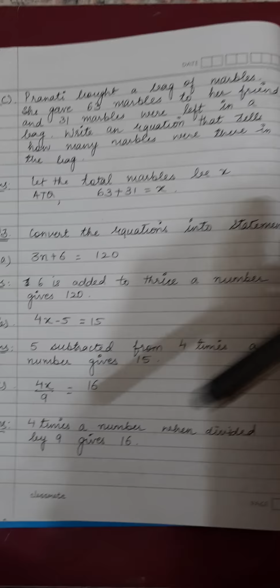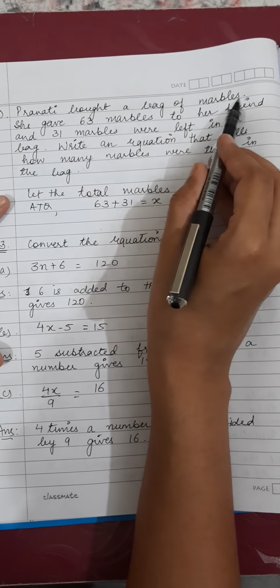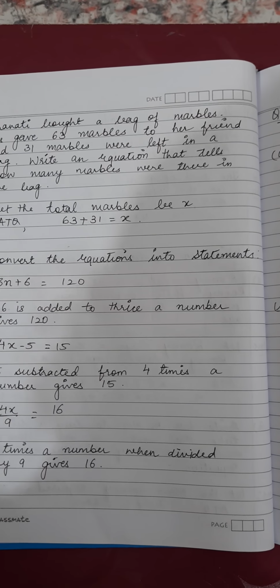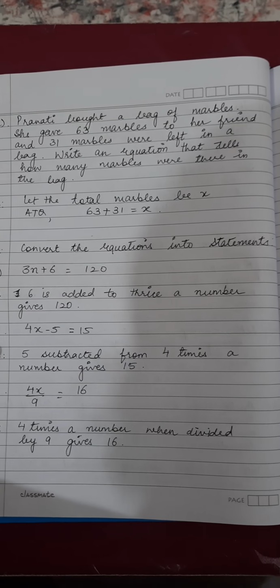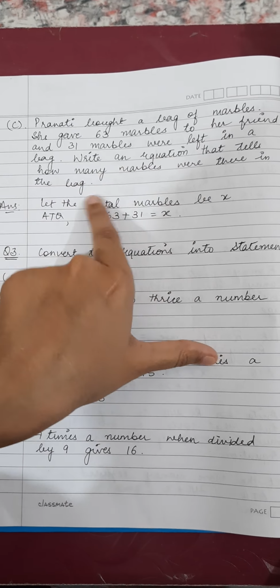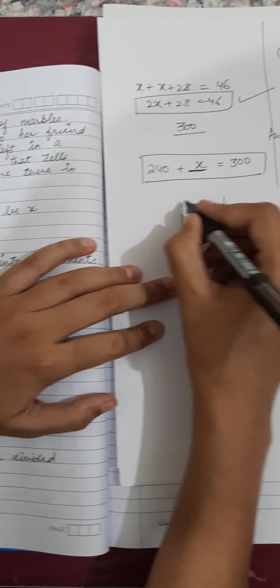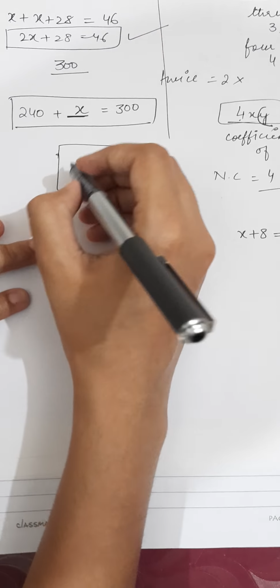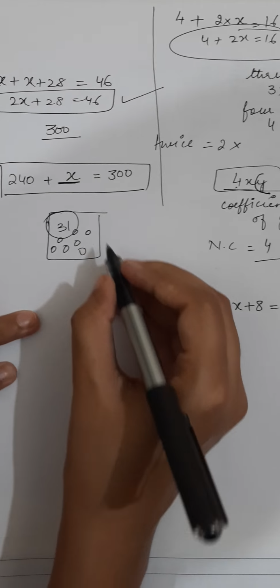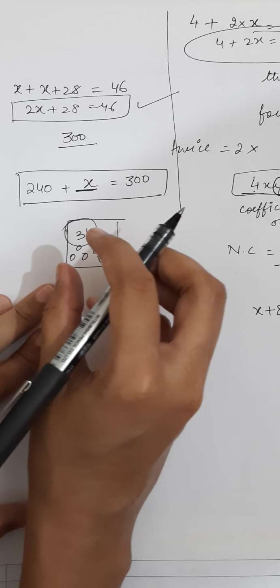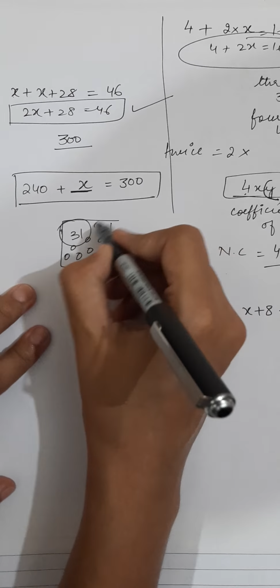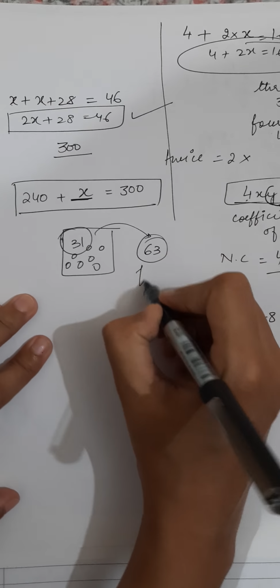Let's move to C part. Pranati bought a bag of marbles. She gave 63 marbles to her friend, and 31 marbles were left in the bag. Now write an equation that tells how many marbles were there in the bag. Now this is a bag. There are 31 marbles left, and 63 marbles were taken out and given to her friend.